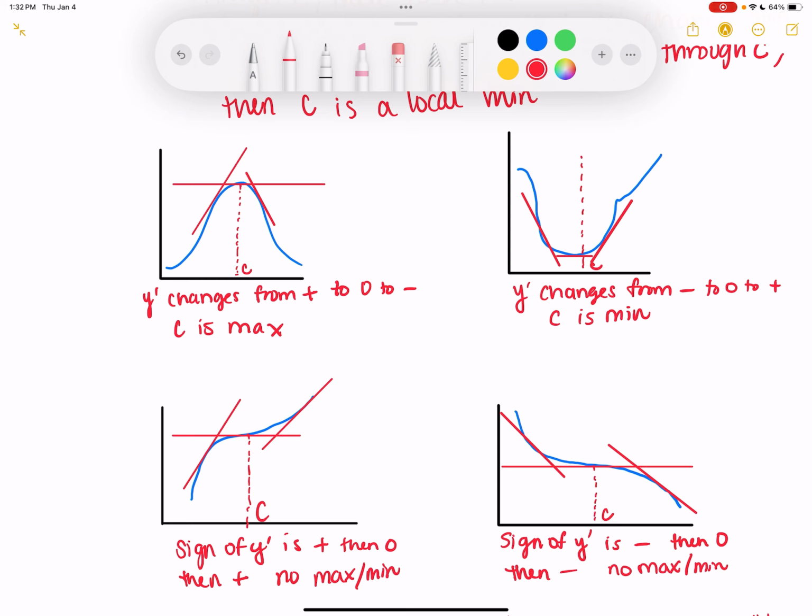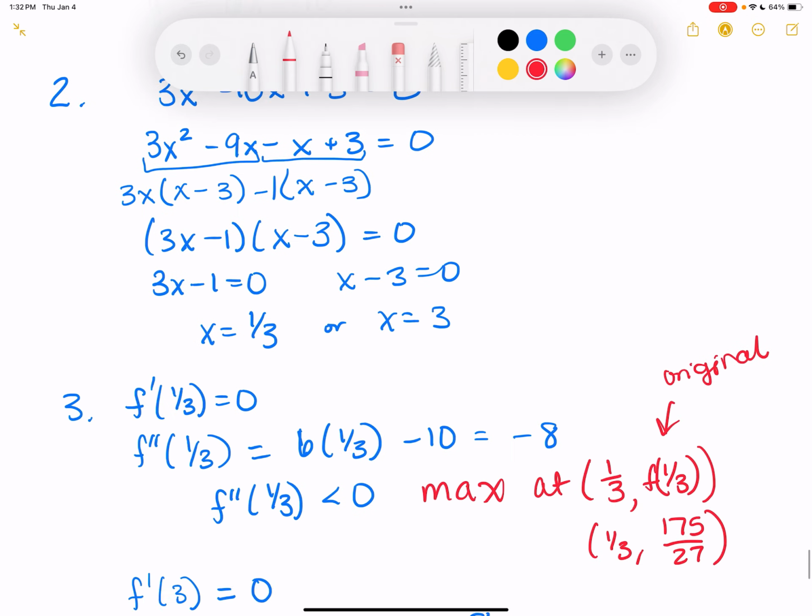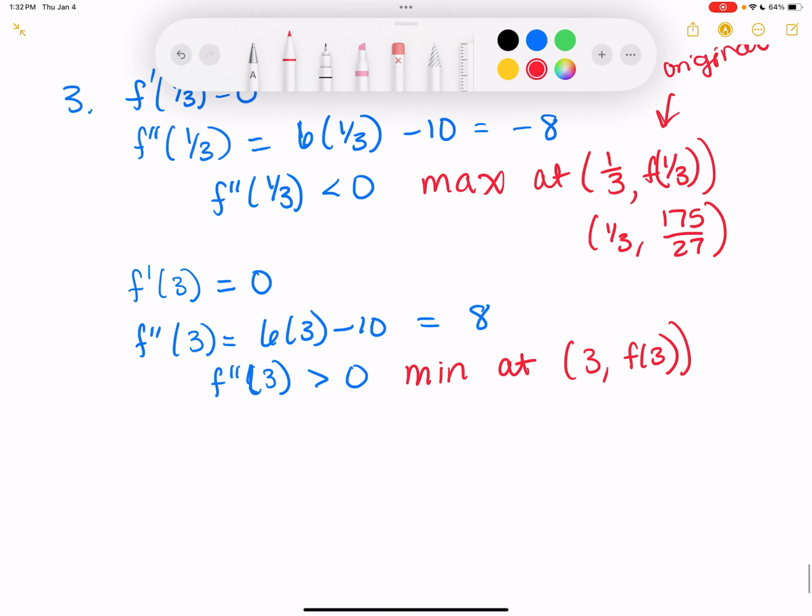So to find the max would have been at C and whatever that y value was, f of C. And this one, again, just to save you from having to do it, it's 3 and -3. All right, so I'm just going to note that step 4 is unnecessary for this problem.